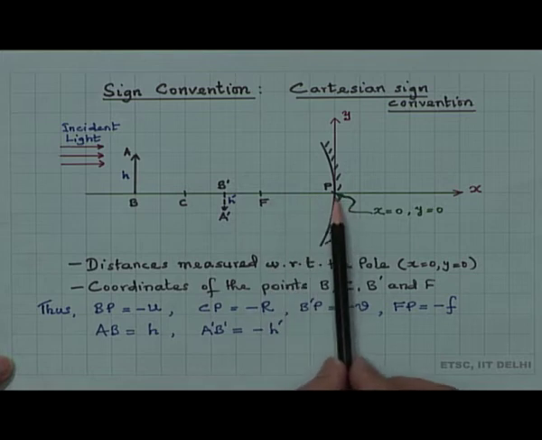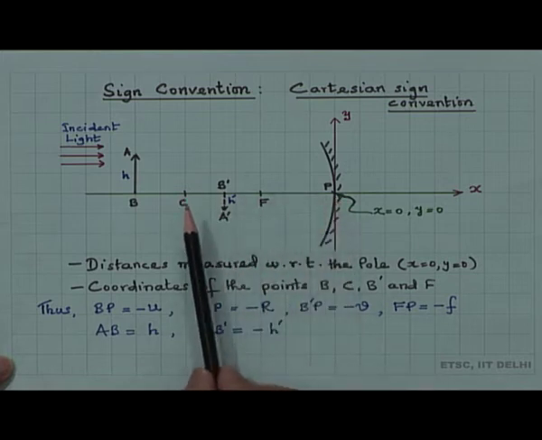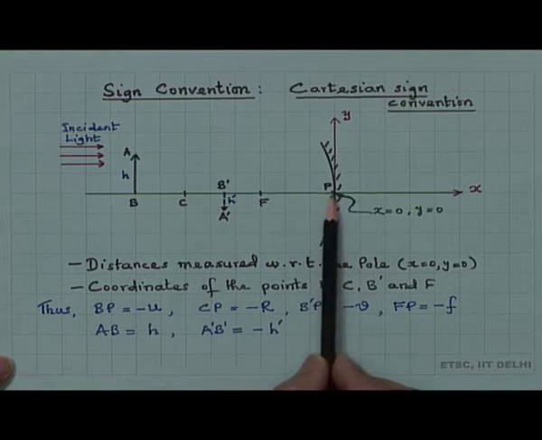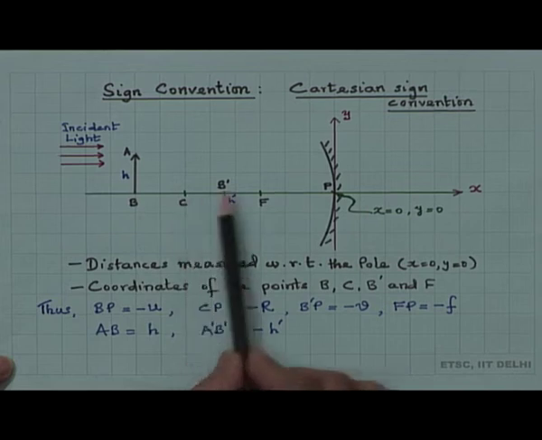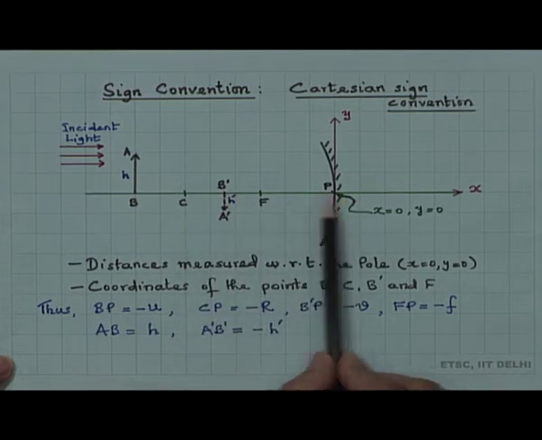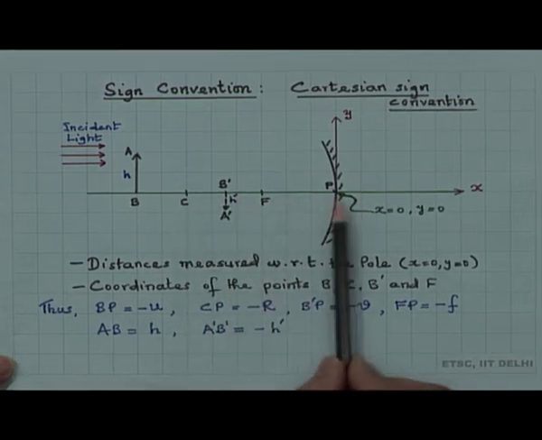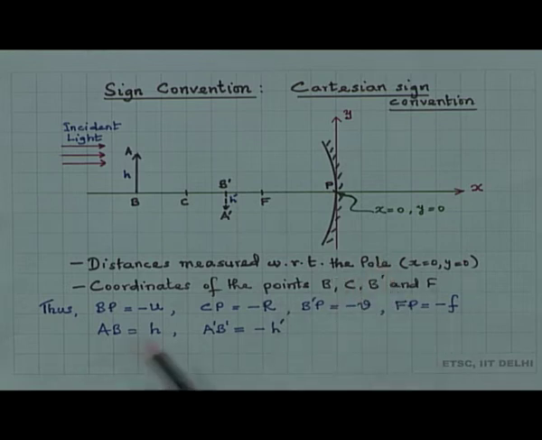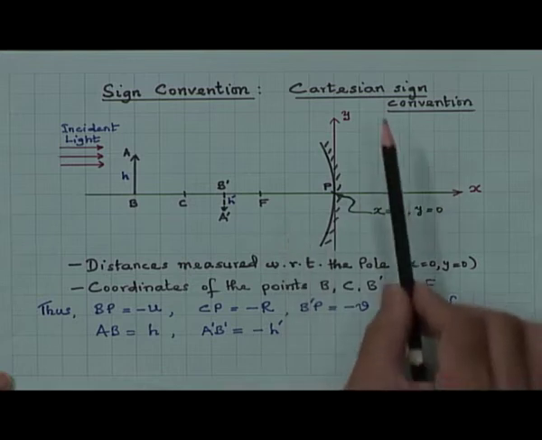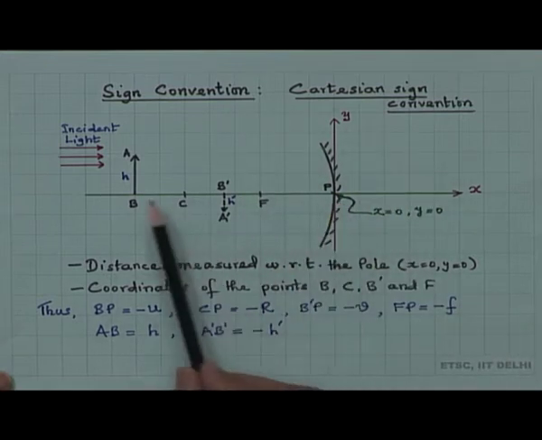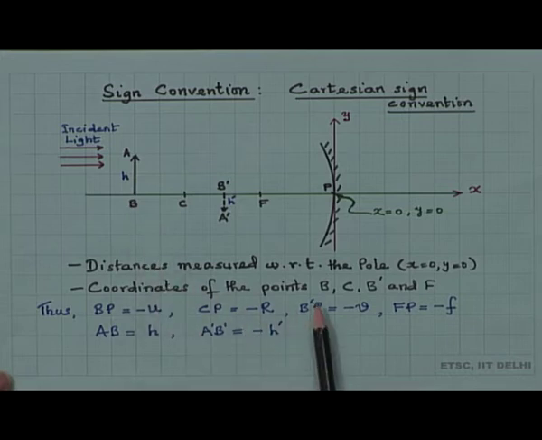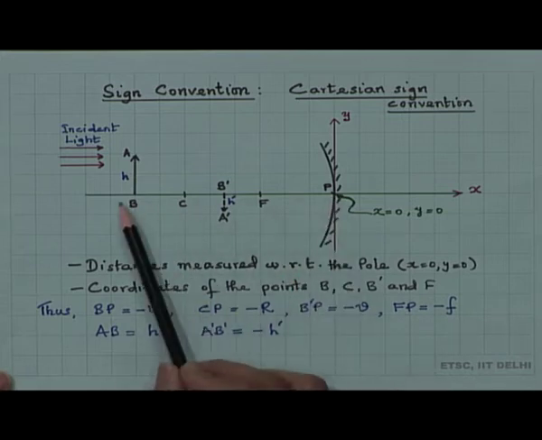That is, the distances are measured in terms of the coordinate of the point with respect to the pole, that is, the coordinates of the points B, C, B dash, F. These will be the distances. Distance as such is not a negative quantity, but because of the sign convention we consider that the distance here is negative depending on the coordinate of the point.